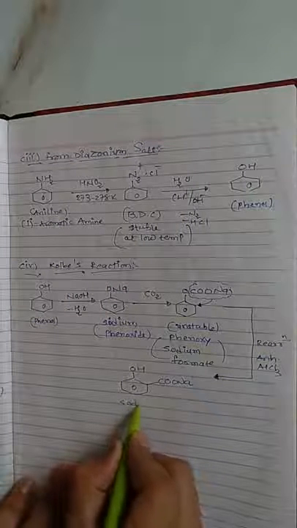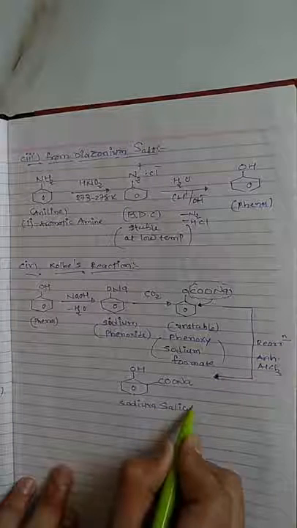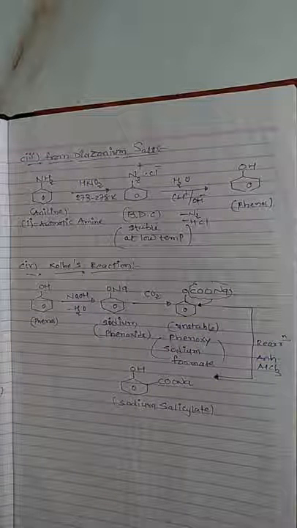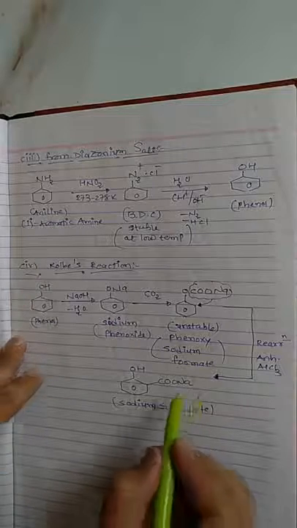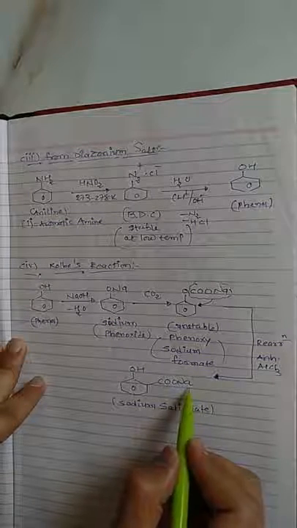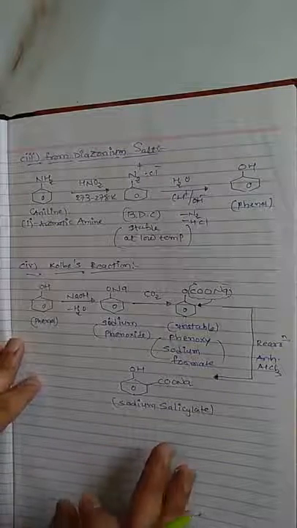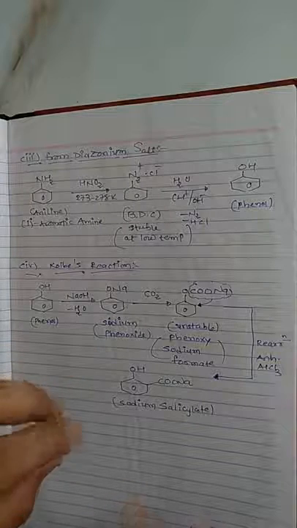So it is sodium salicylate. This sodium salicylate compound is acidified in the presence of a mild acid. Mild acid means you require a less concentrated acid. So here instead of Na I will require H plus. I get H plus from either HCl or HNO3, but generally industrialists prefer HCl.